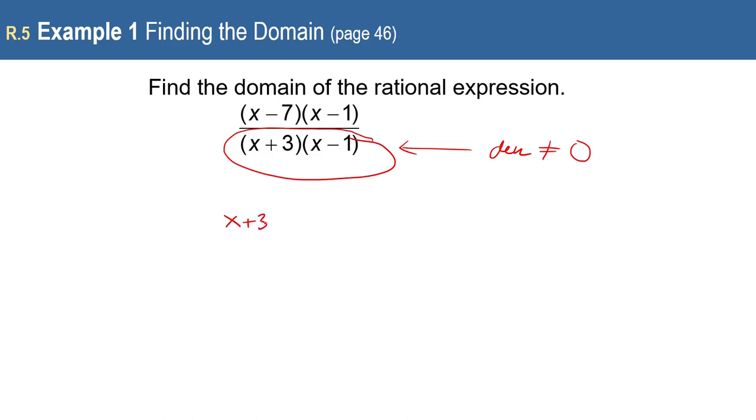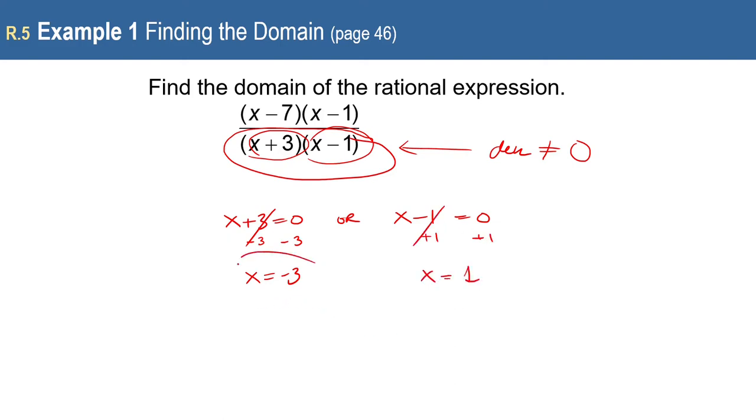So I'll set x plus 3 equals 0, or x minus 1 equals 0. That's the only way that the denominators can be 0, is each of the factors equals 0. So let's solve the first equation. I'll subtract 3 from both sides. X equals negative 3. And for the second one, I'll just add 1 to both sides. X equals 1.